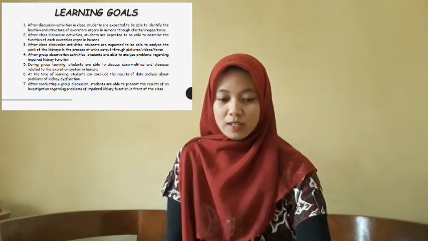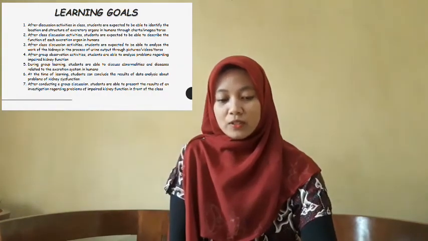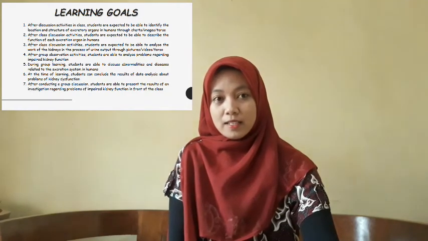Number 6, students can conclude the results of data analysis about problems of kidney dysfunction. Number 7, after conducting a group discussion, students are able to present the results of an investigation regarding problems of impaired kidney function in front of the class.